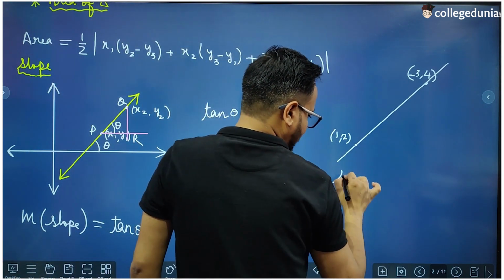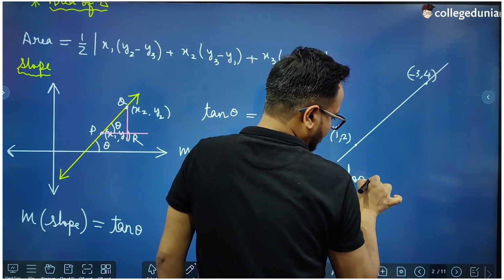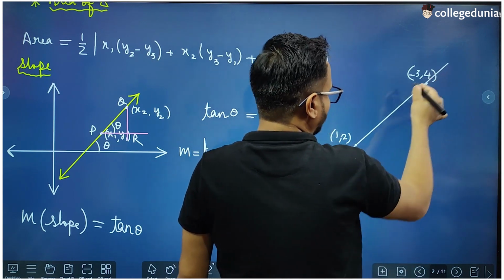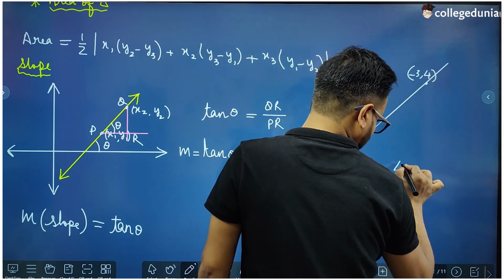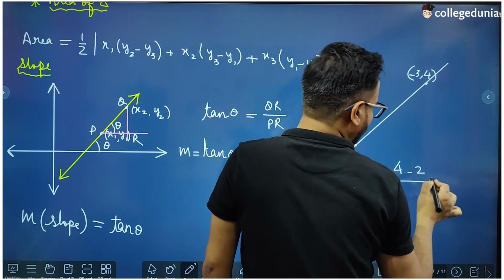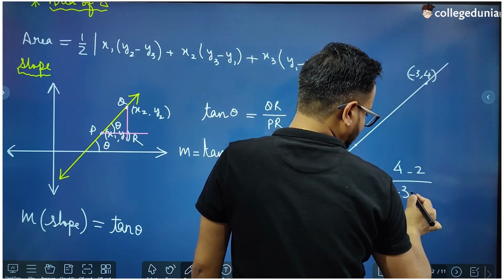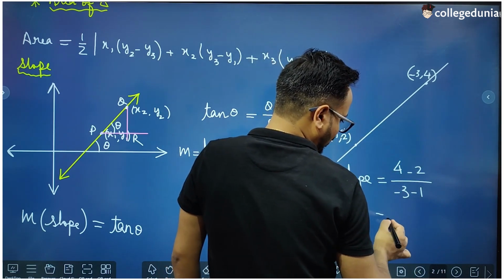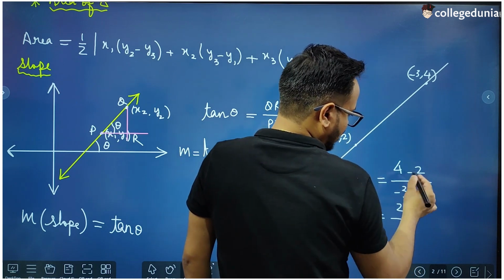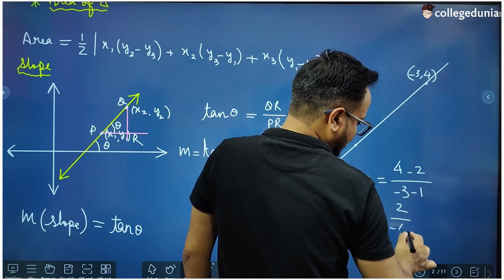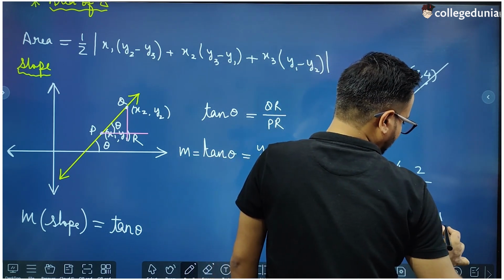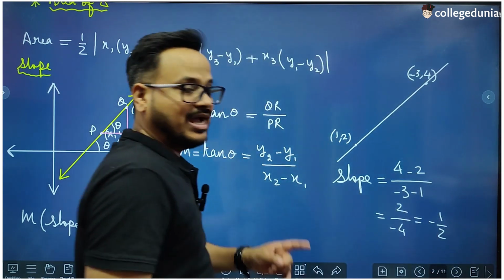So slope of the line is 4 minus 2 divided by minus 3 minus 1. 4 minus 2 is 2 and this is minus 4. So slope of this line is minus 1 by 2.